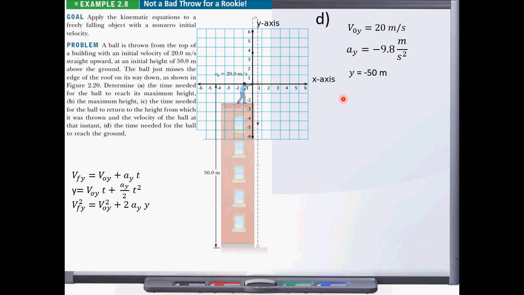There are a lot of ways of solving this kind of problem, but I'm going to explain one that could be easier. At this point you can use equation 2, because you have y, the initial velocity, the acceleration, and you need the time. But as you can see in this equation, the times are separated.